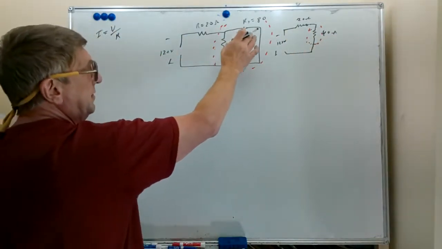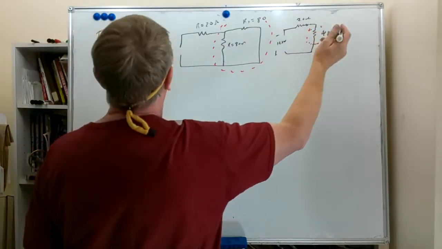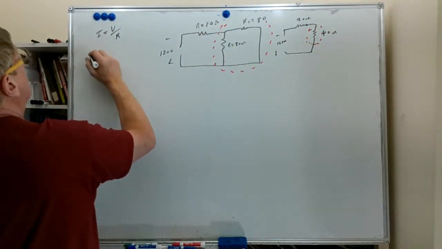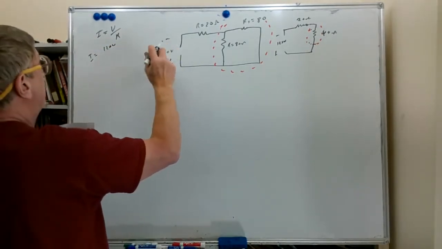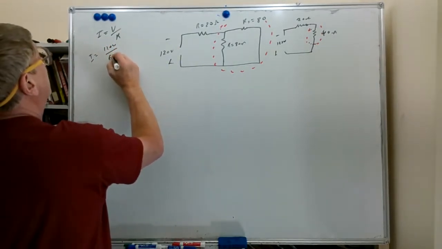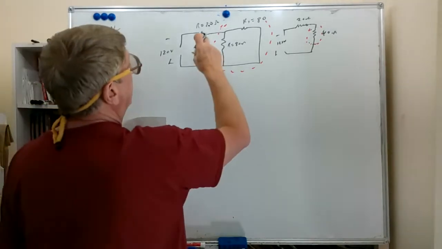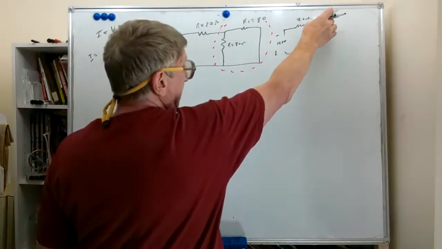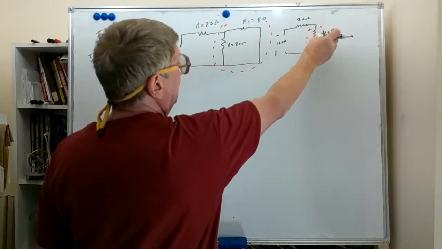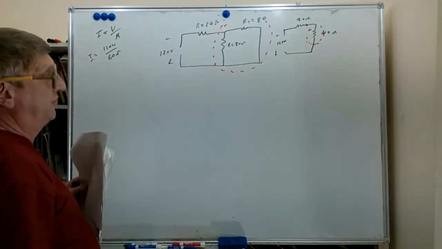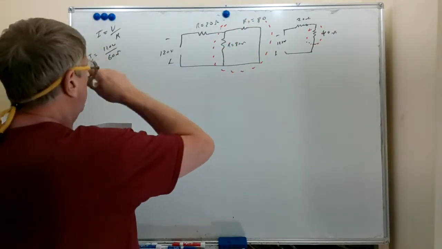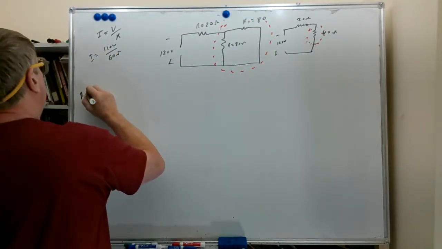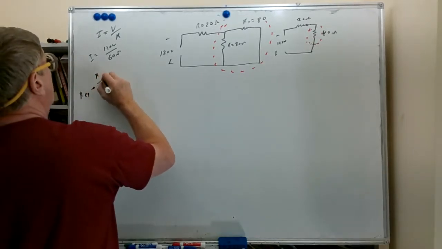We replaced this piece with a 40, but 20 and 40 is 60, so I equals 120 volts, which we got from here, divided by 60 ohms, which we got by taking this 20 and adding it to the equivalent 40 of the two parallel resistors. And remember, these are equal, so we're able to divide by 2. You probably remember that: R equivalent equals R over N.